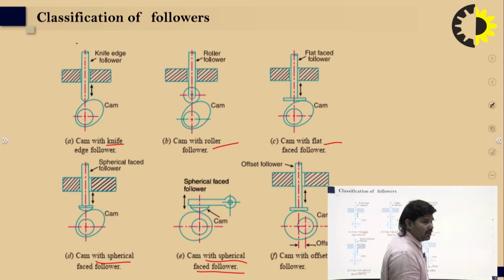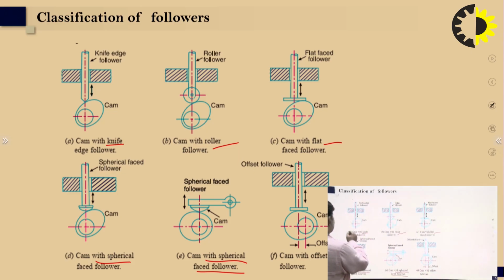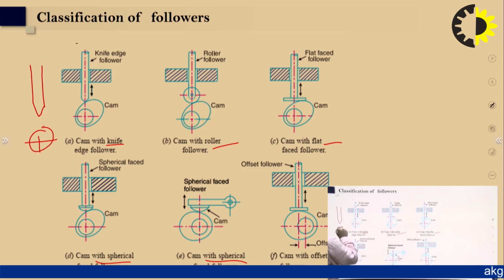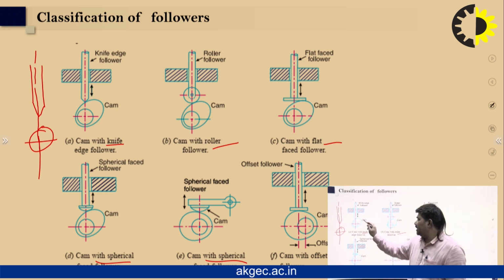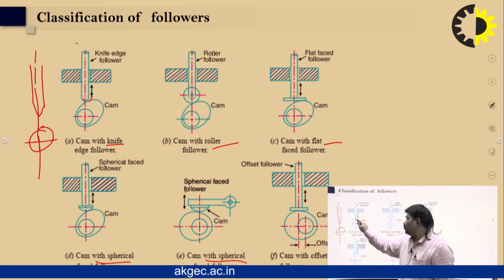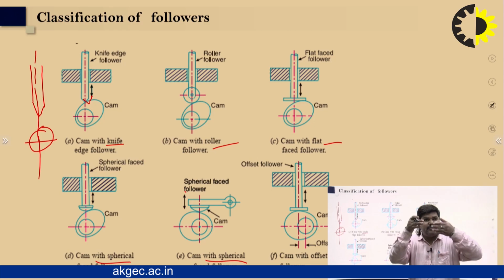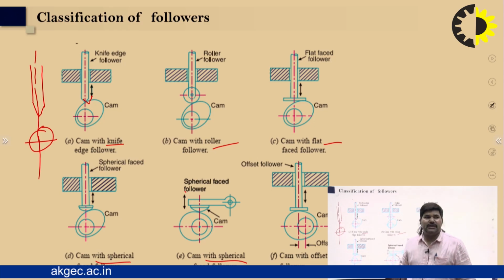In figure A, these are the followers, and this is the center of the cam, the axis of the cam. The contact here is a point contact, and the shape is a knife edge, so that is the knife edge follower.